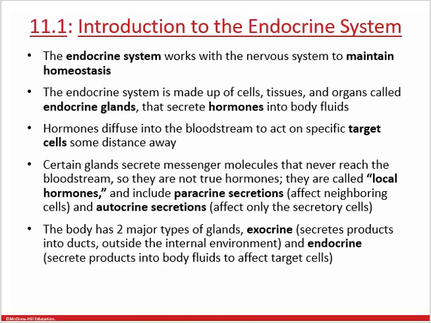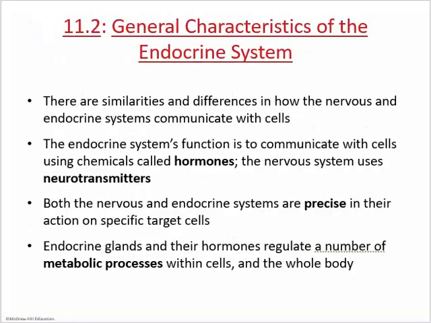Sometimes there are local hormones, paracrines or autocrines, but we're not going to talk about those. Exocrine and endocrine glands, we've already talked about in the past. Really, the neurotransmitters of the nervous system are very much like local hormones.